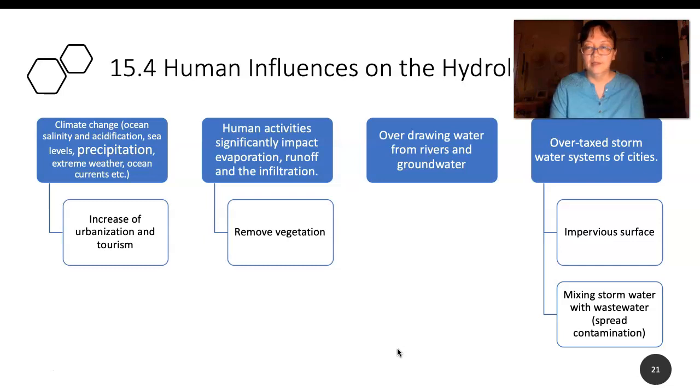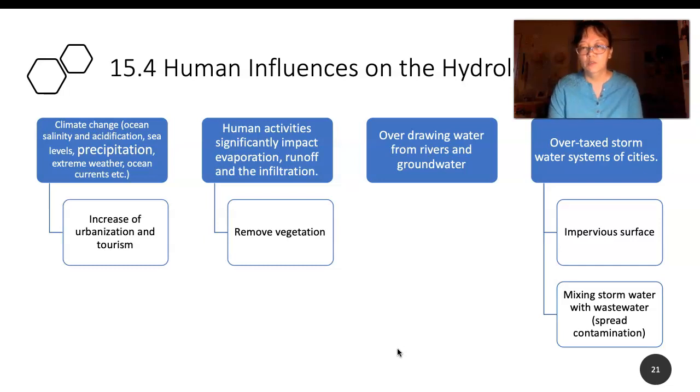And we cut down the forest, right? That significantly impacts evaporation, evapotranspiration, runoff, and infiltration. Overdrawing water from rivers and the groundwater, so most of the rivers were gone. 50% of the rivers all over the world do not exist anymore.